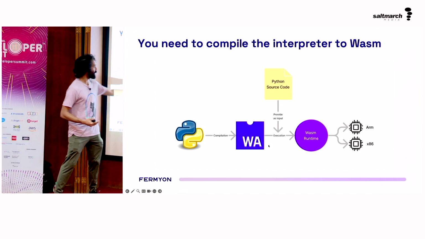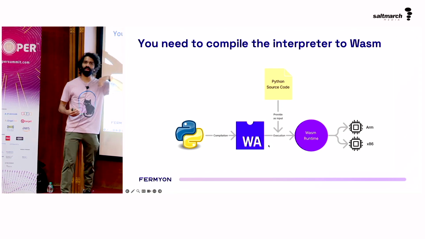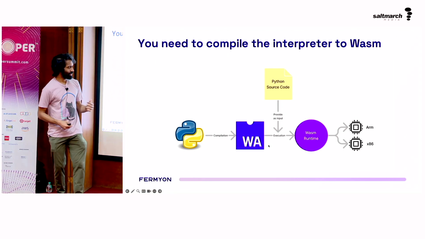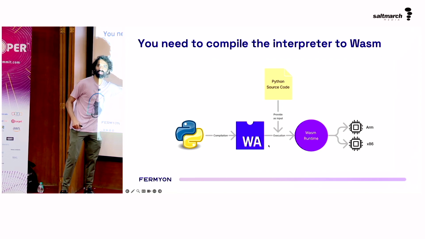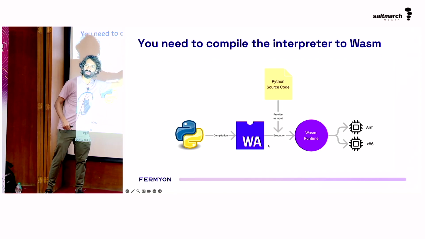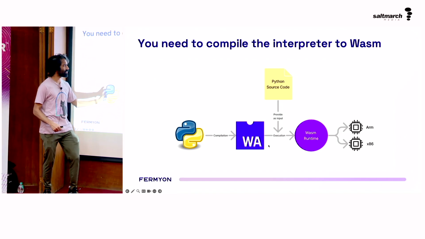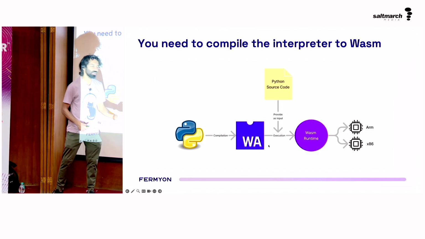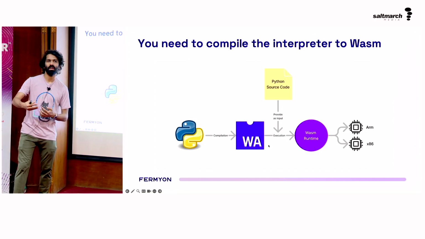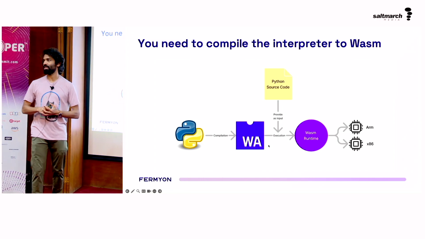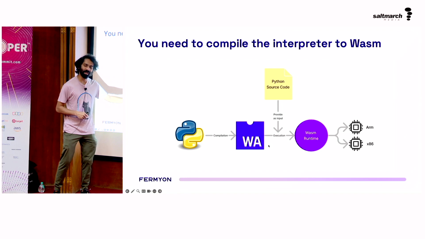And then when you write Python source code, that is provided as a Python input as well. So what happens is just at the time of execution, there is a just-in-time snapshot that's taken of both the WebAssembly interpreter and the Python source code that you've written, and that creates a WebAssembly module which runs on a WebAssembly runtime. Yeah, so it's a very smart way of doing this.